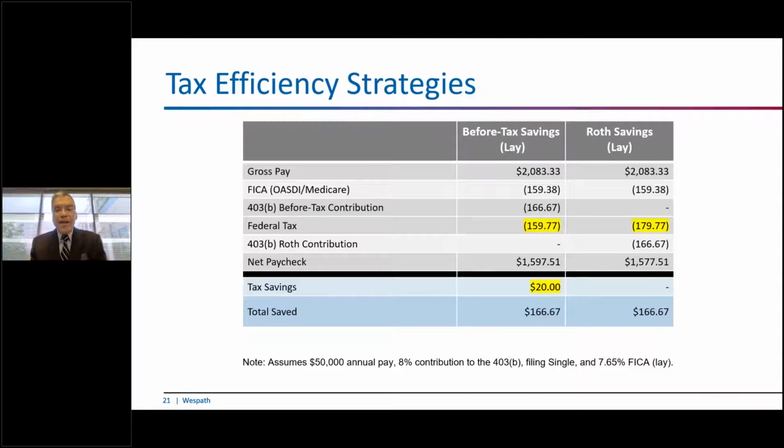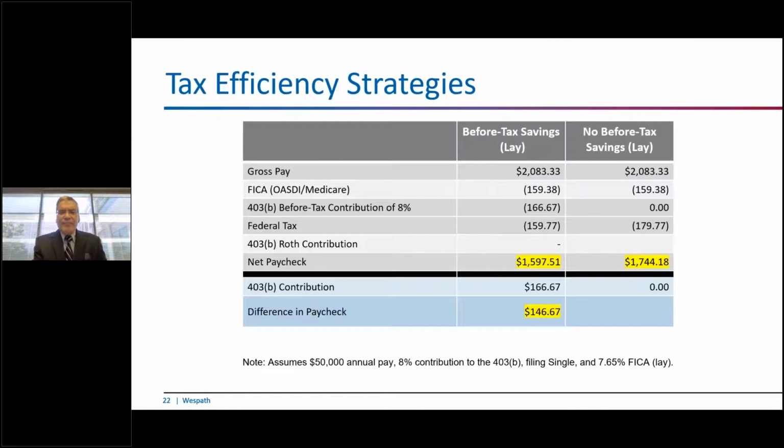The contribution amount will be the same, but by making before-tax contributions, you reduce your taxable income and you have an immediate tax savings. That's what I said. You want to save money on taxes now. Roth, you're going to save money on those taxes later on.